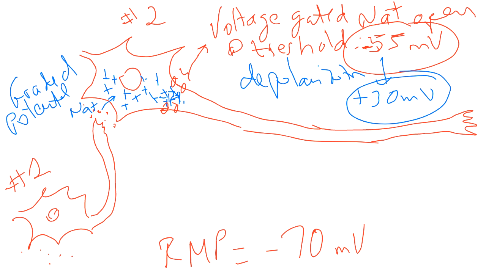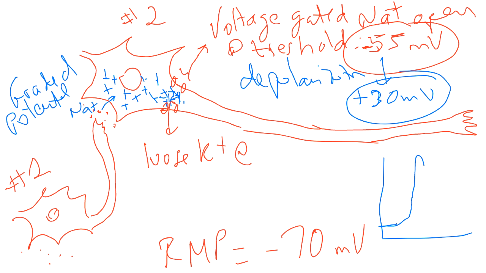Definitely know what's happening on the curve. So there will be the depolarization, and then at plus 30 millivolts, voltage-gated potassium channels open, and now the cell will begin to lose potassium because voltage-gated channels are open, and the cell will repolarize and overshoot to minus 90 millivolts.